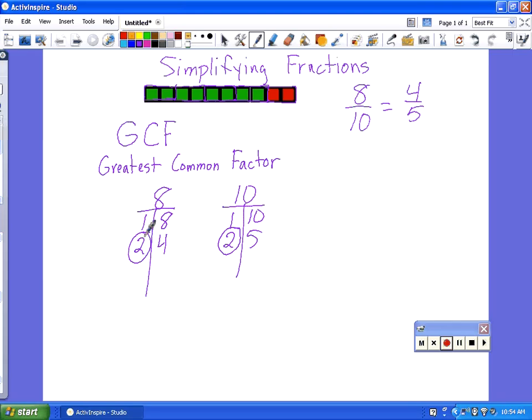When we find the greatest common factor, we can use that and divide both the numerator and the denominator by that greatest common factor, and we will come up with the fraction in simplest form. Okay, so find the greatest common factor and then divide both the numerator and the denominator by that greatest common factor.